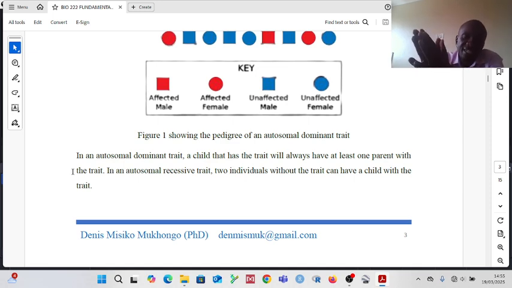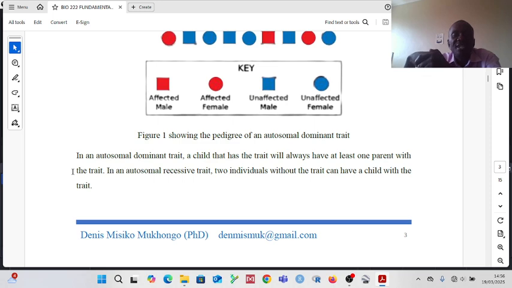When they are heterozygous, they have a dominant allele and a recessive allele, so the dominant one will mask the recessive one. But if those 2 individuals have a child together, there is a quarter probability that that child might inherit the recessive alleles that both of them carry.